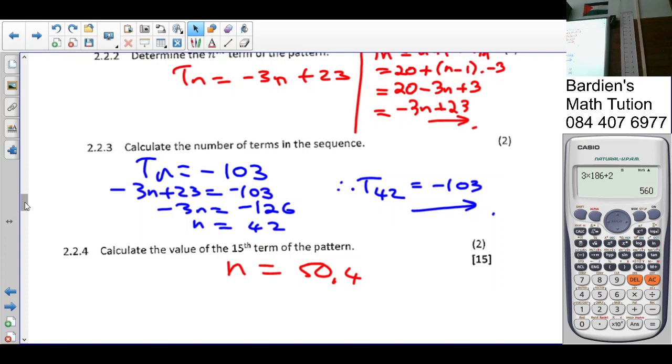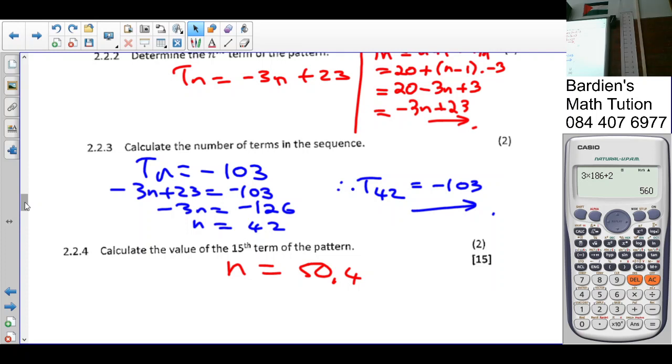Rounded off to 50. So you're saying the 50th term would have been negative 127. Who disagrees with that? Yes, okay. Why?